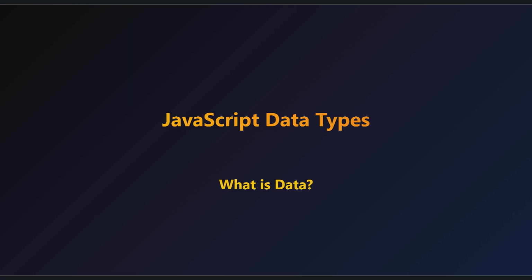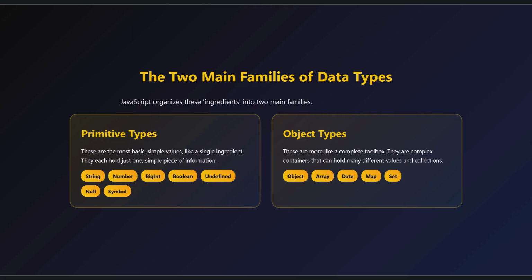To put it simply, that is anything you might assign to a variable, pass as a parameter into a function, or get back as a return value. These items that we can treat as data fall into two general categories. First, we have primitive types.